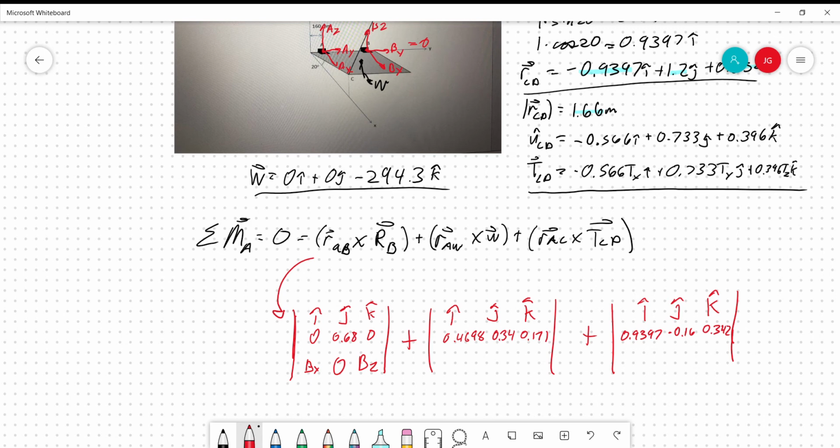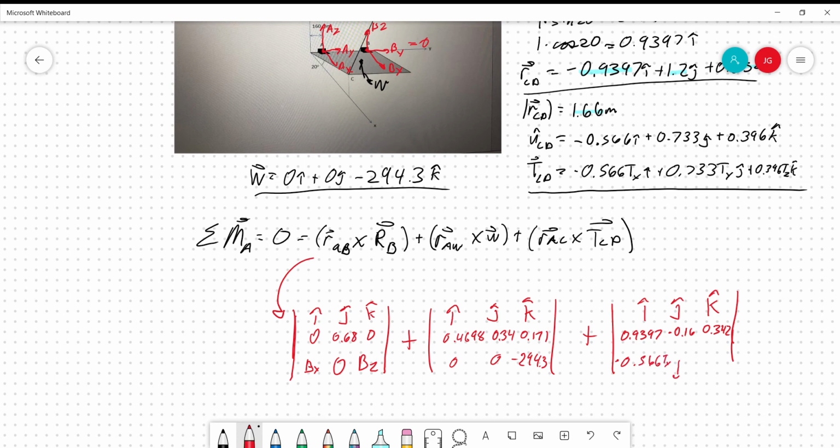And for the W, we have it. It's already solved for, and that's negative 294.3. And then here, this is all in terms of t. 0, negative 0.56 tx.